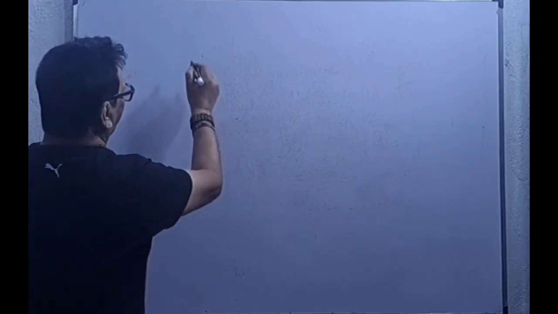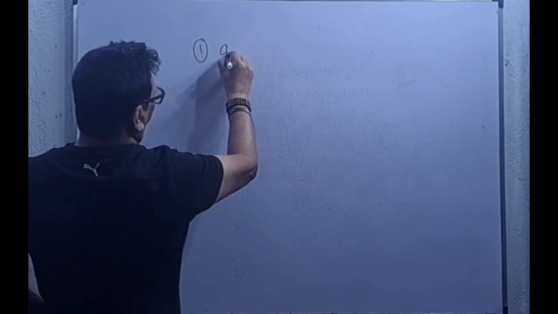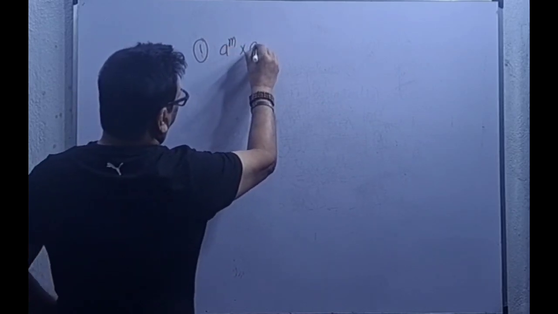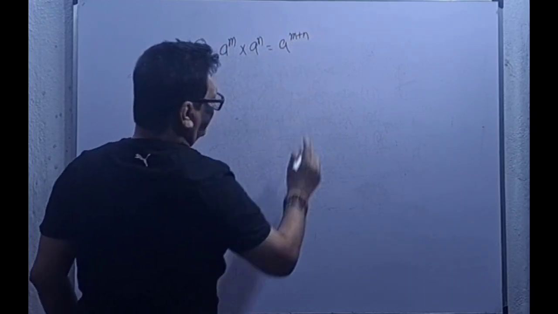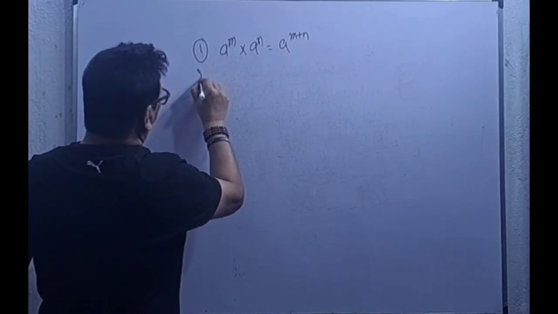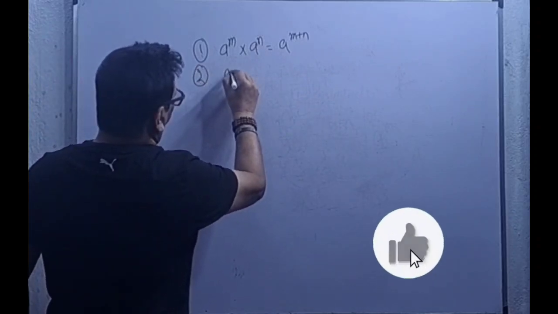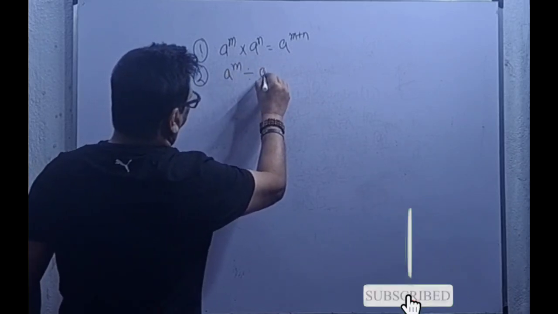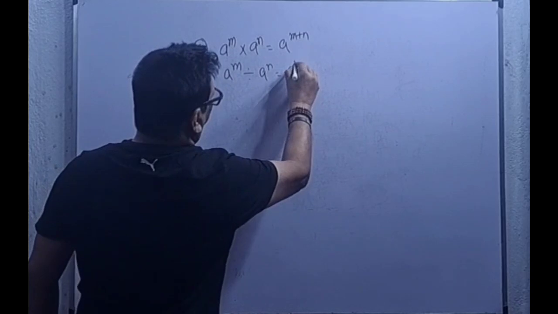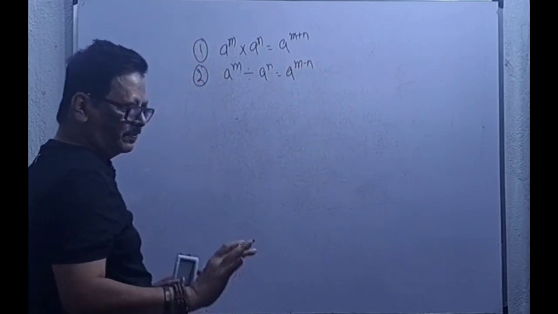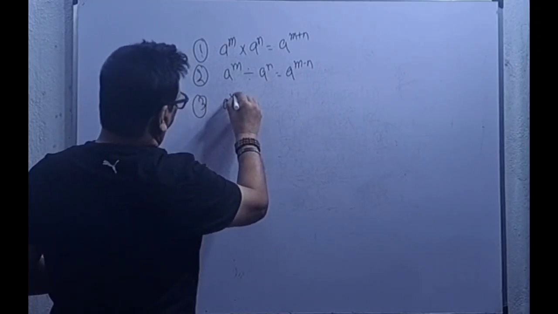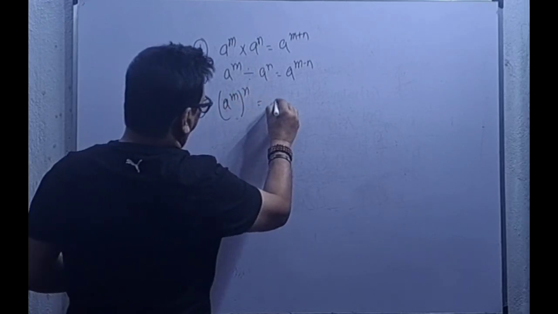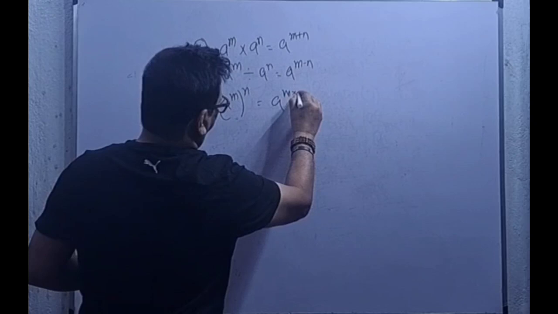Correct? Now the list of rules becomes longer. 1, a to the power of m multiplied by a to the power of n is equal to a to the power of m plus n. That we learned. Number 2 also we learned. A to the power of m divided by a to the power of n is equal to a to the power of m minus n. We applied and learned. Today we learned a to the power of m raised to the power of n is equal to a to the power of m times n.